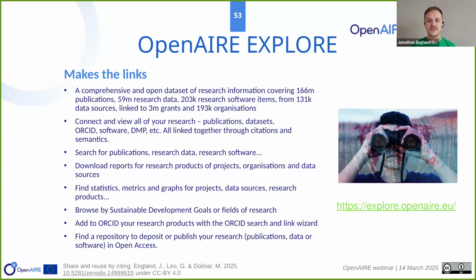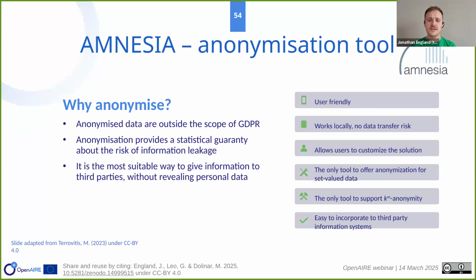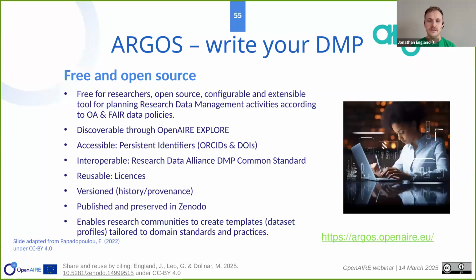There's a lot of text. This is just for reference to read afterwards. Amnesia is a really useful tool if you're dealing with personal data or sensitive data, which allows you to anonymize data before publishing it. And then Argos is a tool that helps you in the process of writing a DMP.